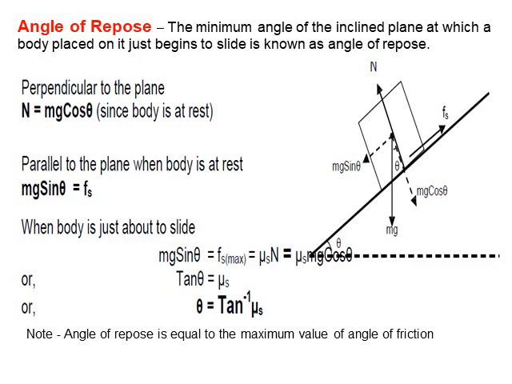Or you can say theta is equal to tangent inverse mu s. Thus, the coefficient of static friction is equal to the tangent of the angle of repose. Here, we have taken the maximum value. So you have to take care that the angle of repose is equal to the maximum value of angle of friction.